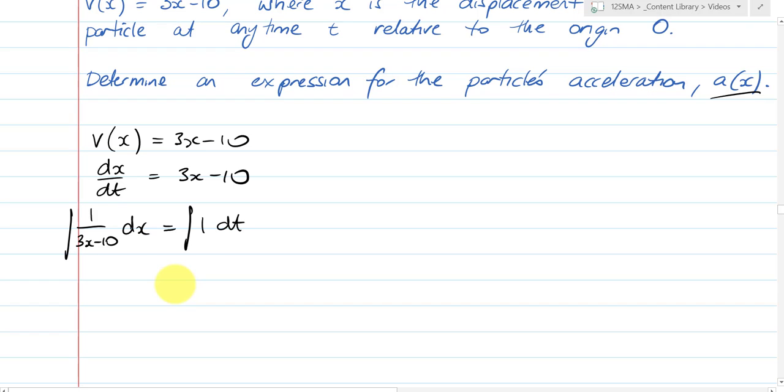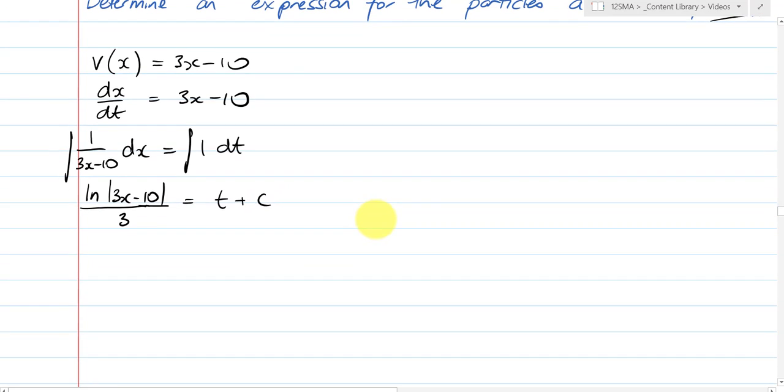And of course that gives me log of the absolute value of 3x minus 10, and when I divide by the derivative of the inside, I get over 3, and that's equal to t plus some constant. Now I'm going to multiply by 3 to give me log |3x minus 10| equals 3t plus 3 times a constant, which is still a constant, so I'll just leave it as c.